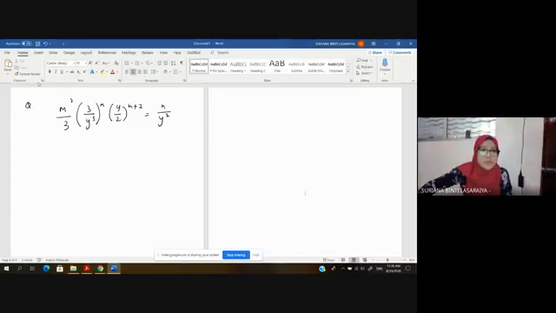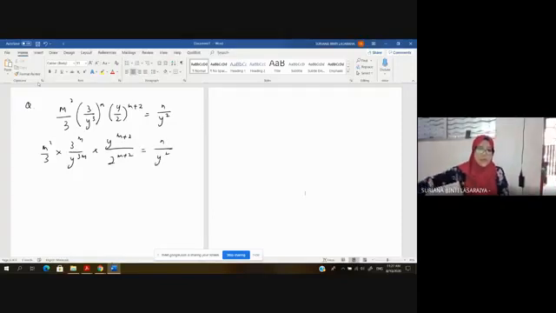So we combine everything. So ini m square over 3 times dengan 3m over y, 3m times dengan y m plus 2 over 2m plus 2 equals to n over y square, kan? Alright.